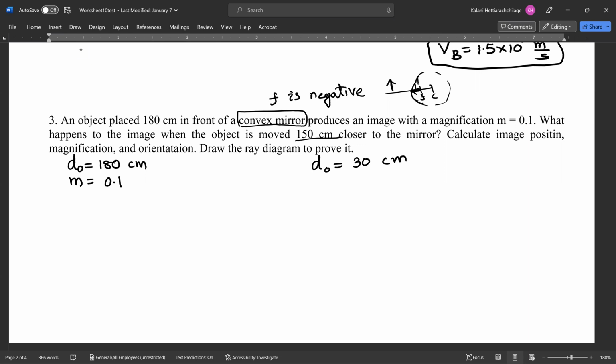Okay, so then we need to calculate the information about the image, but before doing anything else, I need to calculate the focal point from the first case, if I can, right? I don't know the focal point here, and I don't even know DI here. But you remember that the magnification can be written as negative DI over D naught.